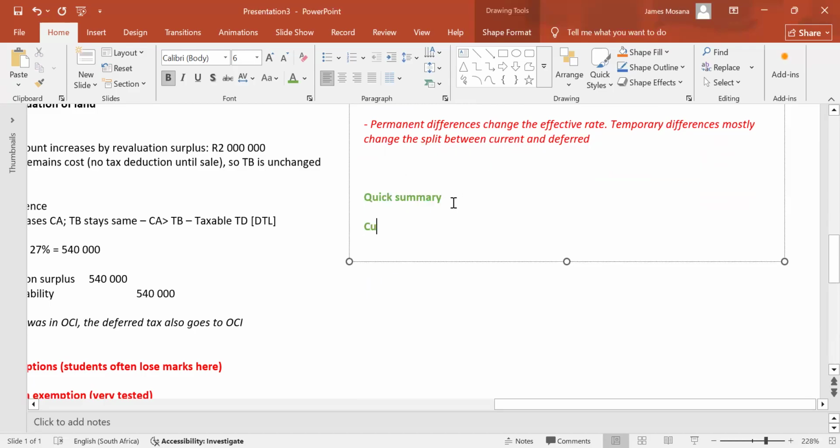It is the following. A quick, short summary.